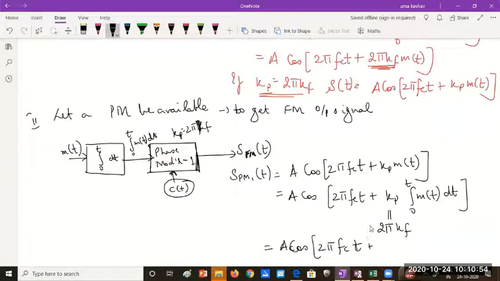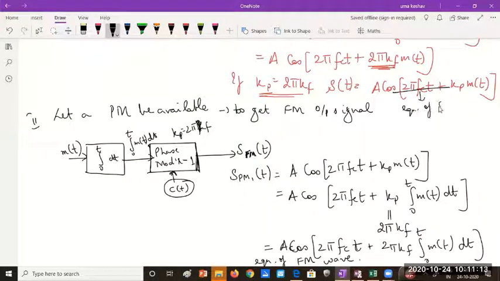Yes or no? 2 pi fct plus 2 pi kf integral m of t between 0 to t dt. This is the equation of a standard FM wave. This was the equation of a standard phase modulated wave.